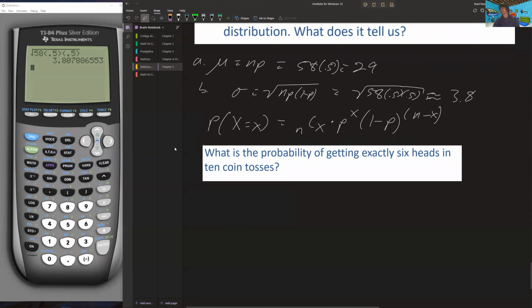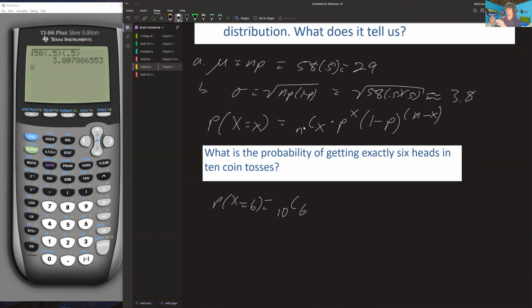What is the probability of getting exactly 6 heads in 10 coin tosses? All right. So this is the probability of X equals 6, which is going to be N, so we have 10 tosses, choose 6 of them. By the way, this n choose x is so we know which of them it's going to occur.